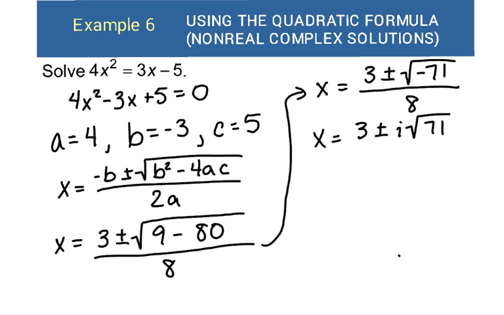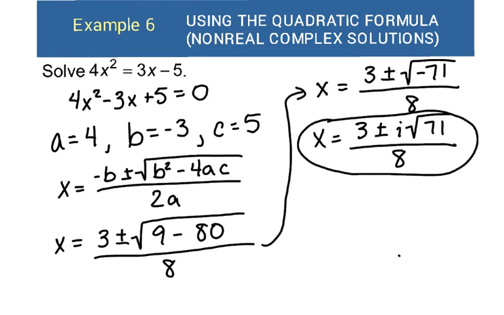And 71, there are no factors of 71 that you can take out of the square root. So this is our solution right here, and we are done.